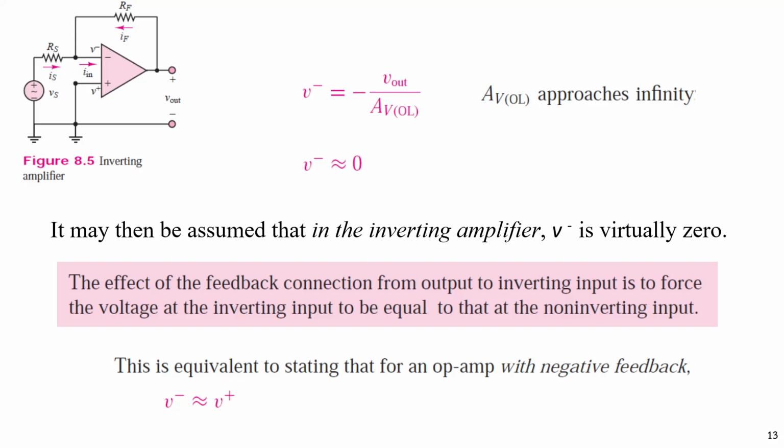So with the assumption that open loop gain goes to infinity, V negative is V out divided by A open loop, right?